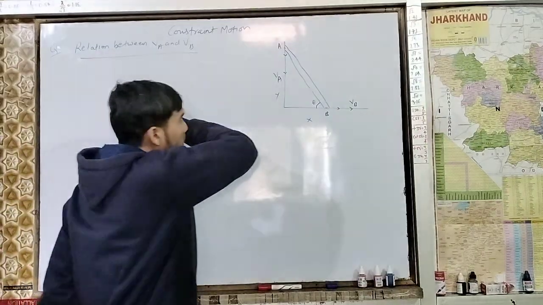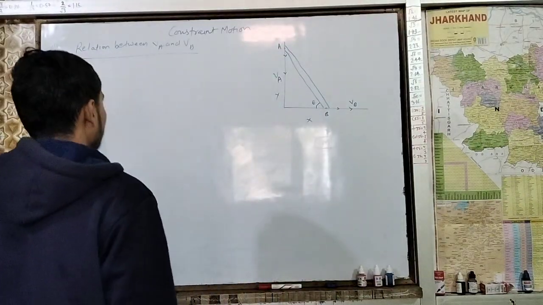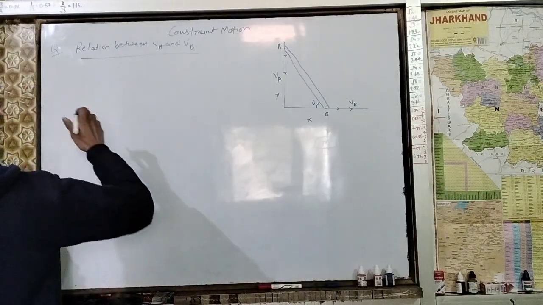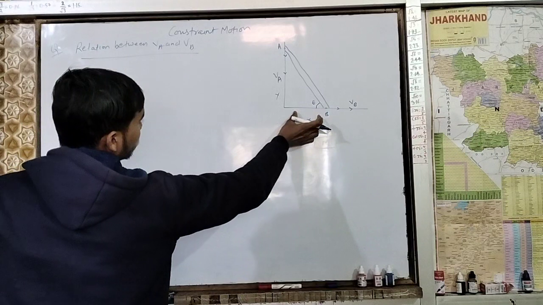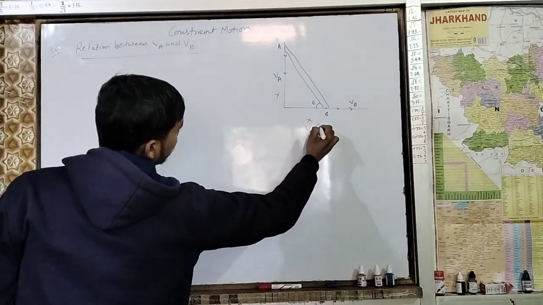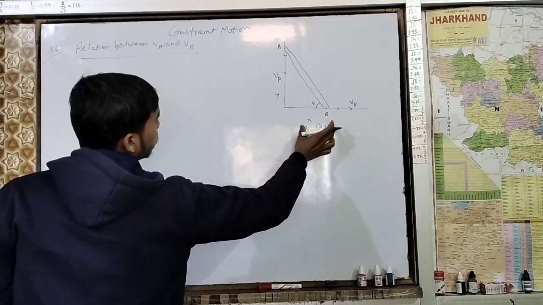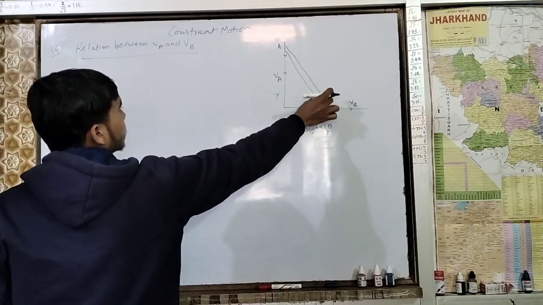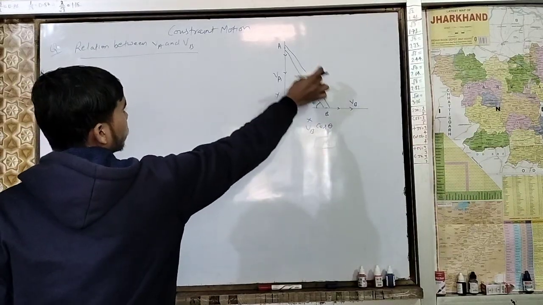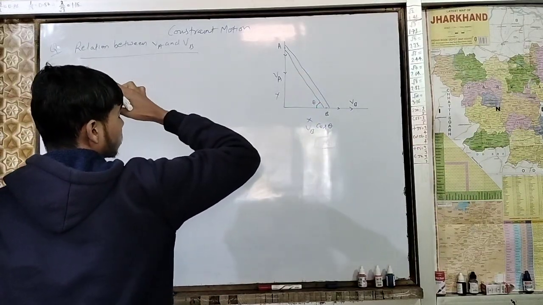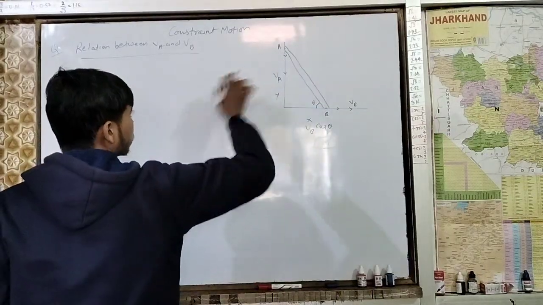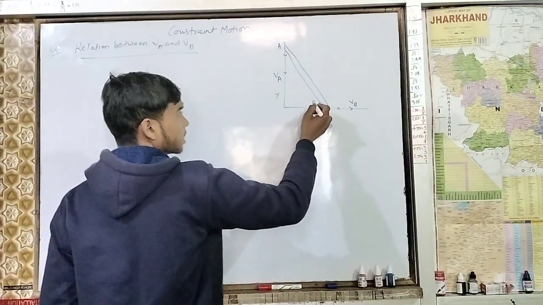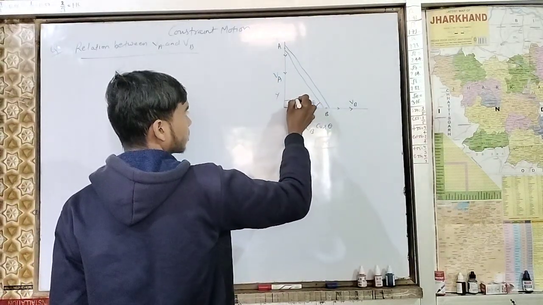Let's explore it one by one. What theta is over here, this will be our VB cos theta. So VB cos theta will be equal to the velocity of the rod, which will be equal to the velocity of A. If this is theta, this will be our 90 minus theta.